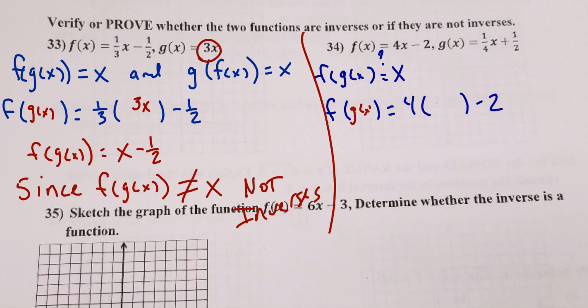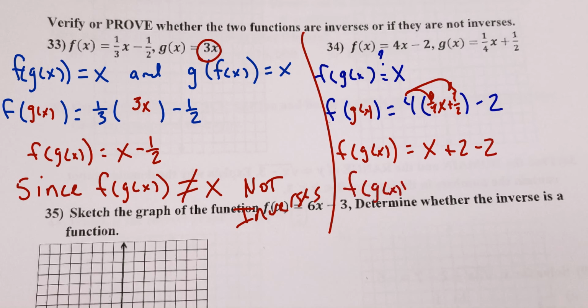So I put g of x in here, which means I put 1/4 x plus 1/2 in there. So f of g of x. See, this is a proof, so you have to have every step. You got to show your work. So I have 4 times 1/4 x is just equal to x plus 2 minus 2. So f of g of x does equal x. It works for there. That doesn't mean it's true, it just means it could be true.